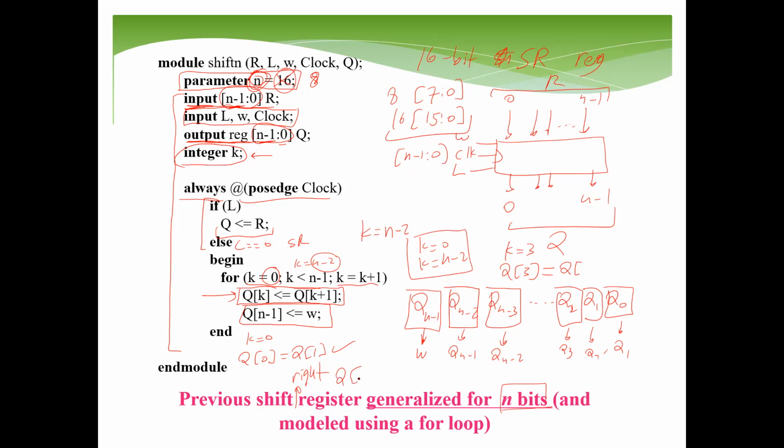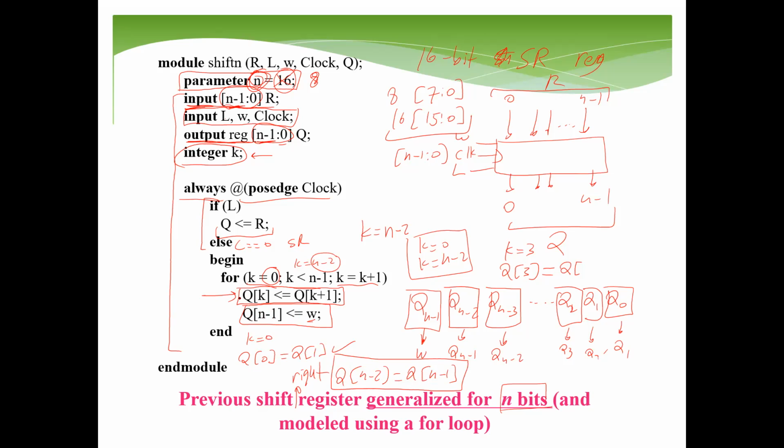That's going to be Q of n minus 2 is equal to Q of n minus 1. This is also correct. We're left off with Q of n minus 1. This will read the value of w.